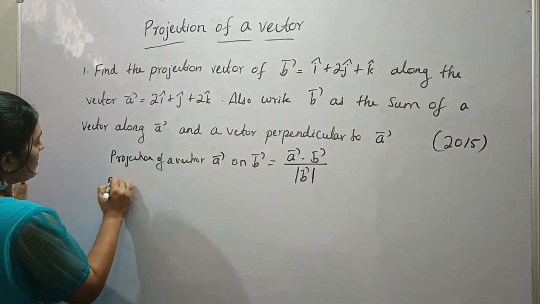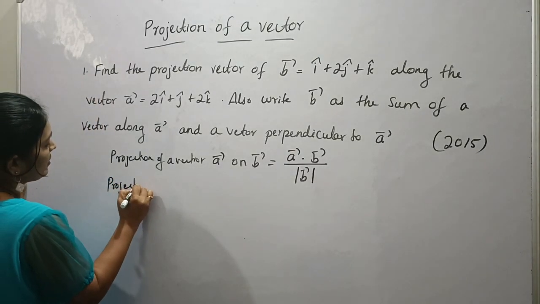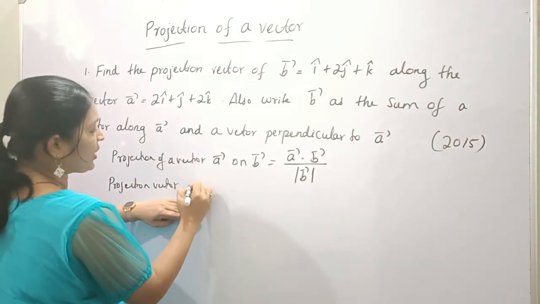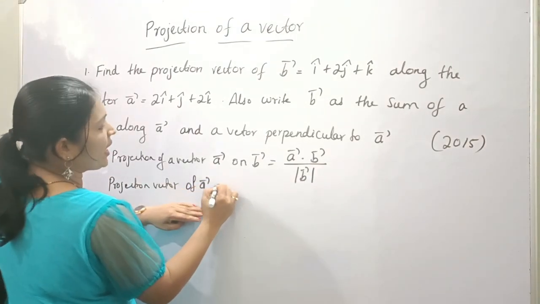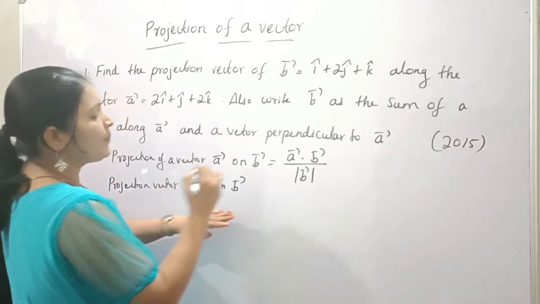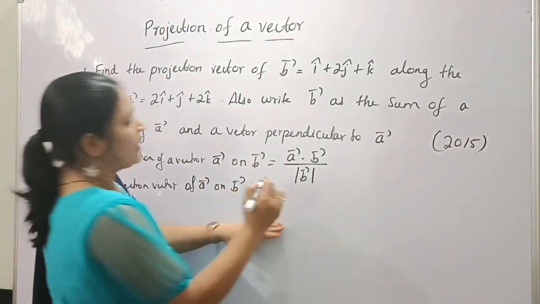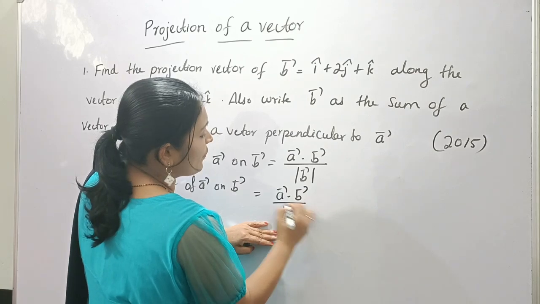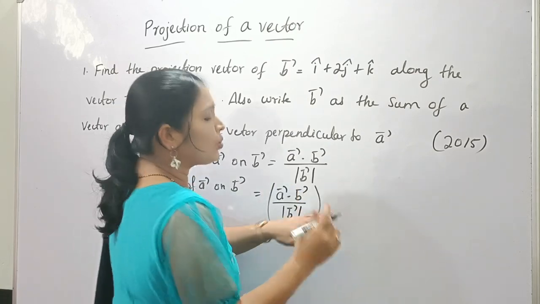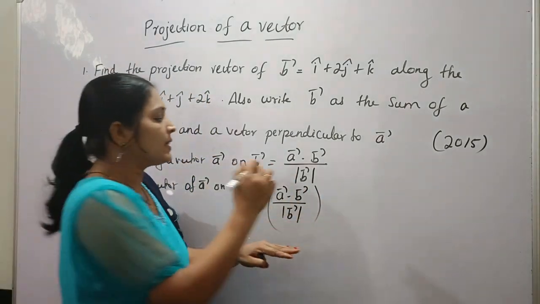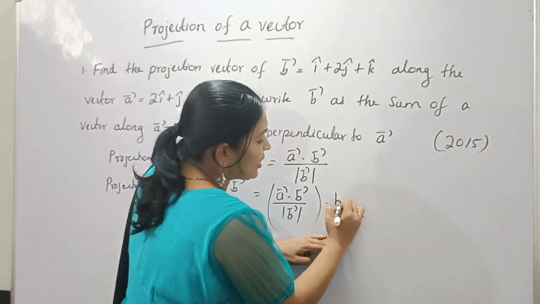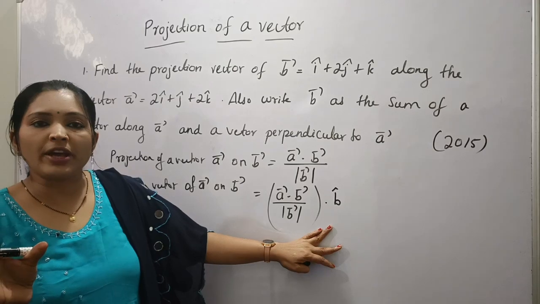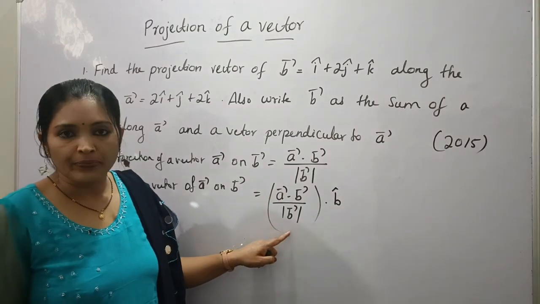That is projection vector of vector A on vector B, that is equal to here vector A dot vector B divided by modulus of vector B into, here we multiply this by unit vector, that is B cap. Okay, that is unit vector along the vector B.